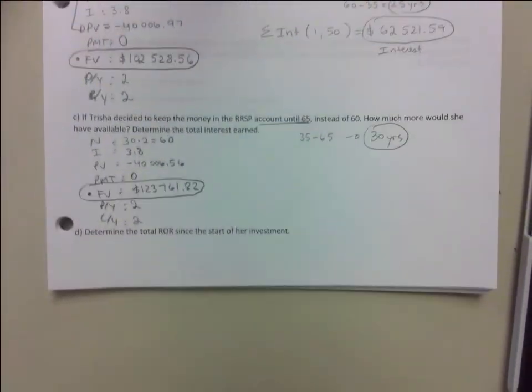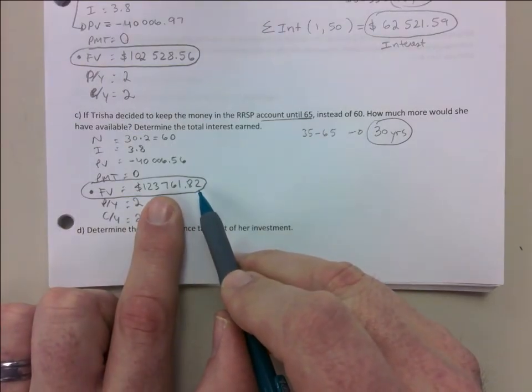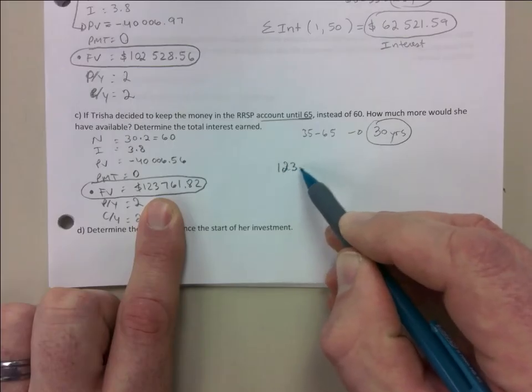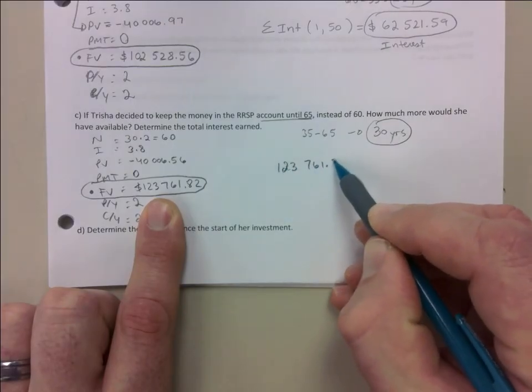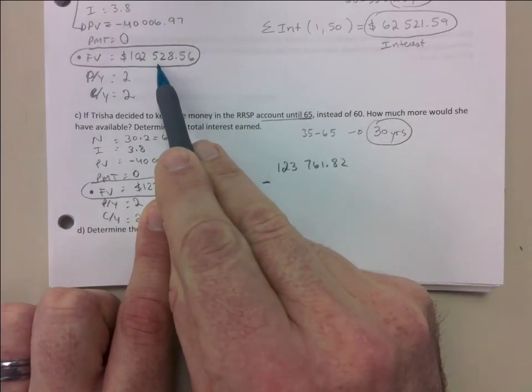Sorry for you back there, it's harder to see. This doesn't answer though how much more. So we're going to go 123,761.82 minus what we had on the previous scenario.